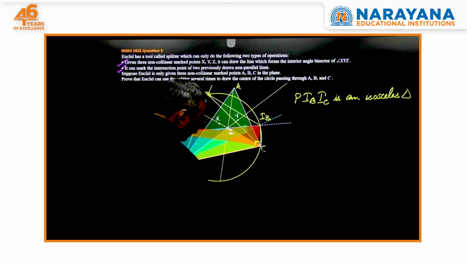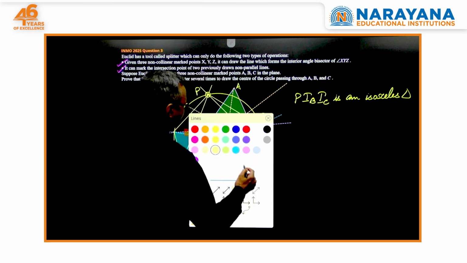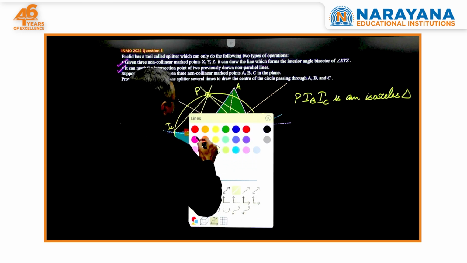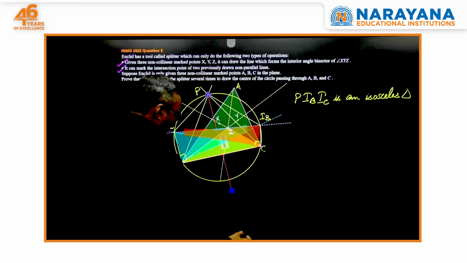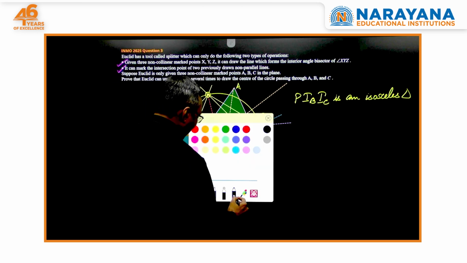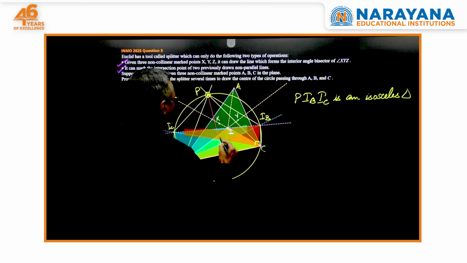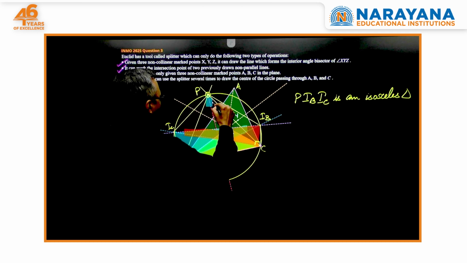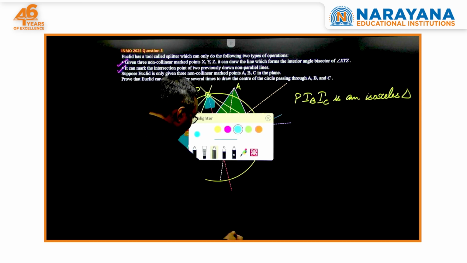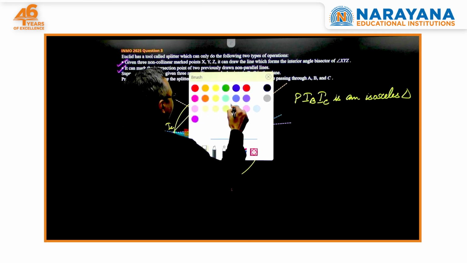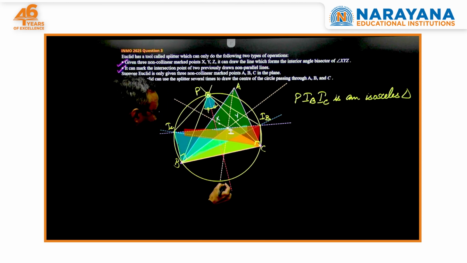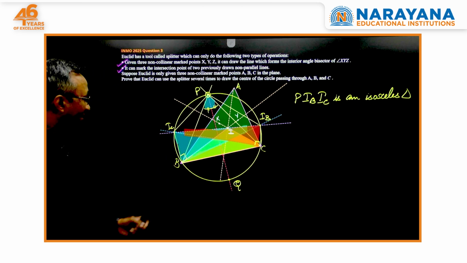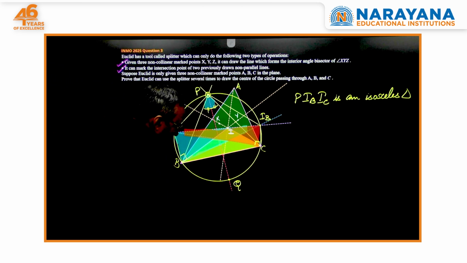Last stroke, with the same lemma I drop the angle bisector of angle PBC, I will highlight it for you. By the lemma itself we conclude that if this is the angle bisector and it intersects the circumference at point Q, then QBC is isosceles.